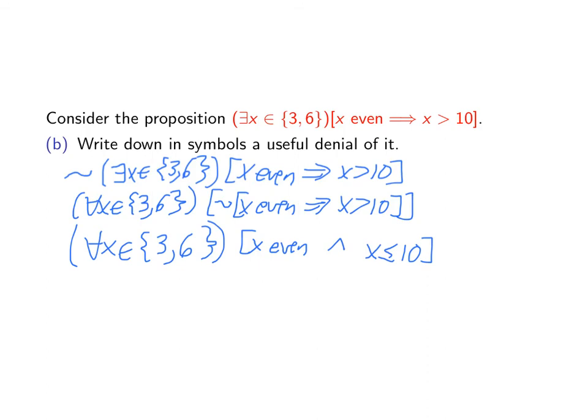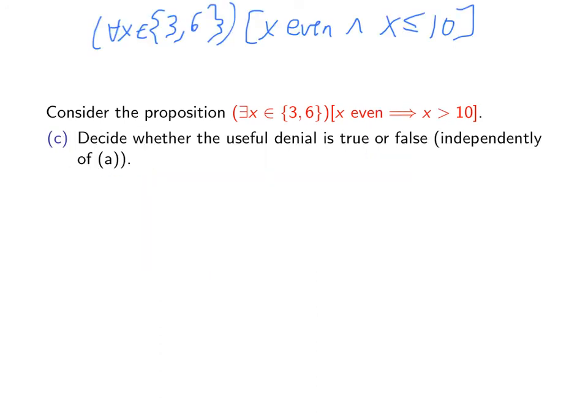Or in words, for both of the numbers x in {3, 6}, x is even and less than or equal to 10. And you'll see I've written it up here.